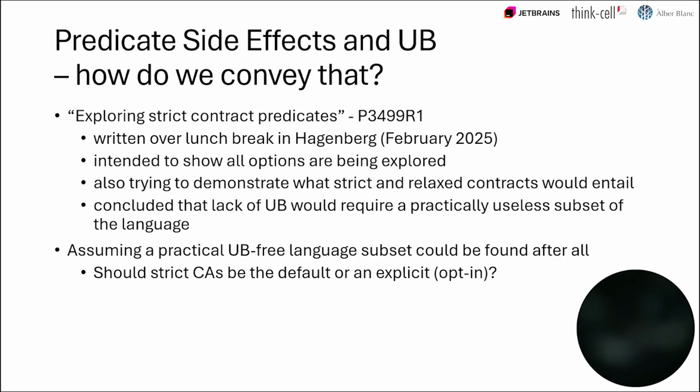As to whether or not it's implementable, a few of the main contract authors got together over a lunch break during the Hagenberg meeting a year ago, because of course food is not always a thing in committee meetings. There are more important things, as you can see.